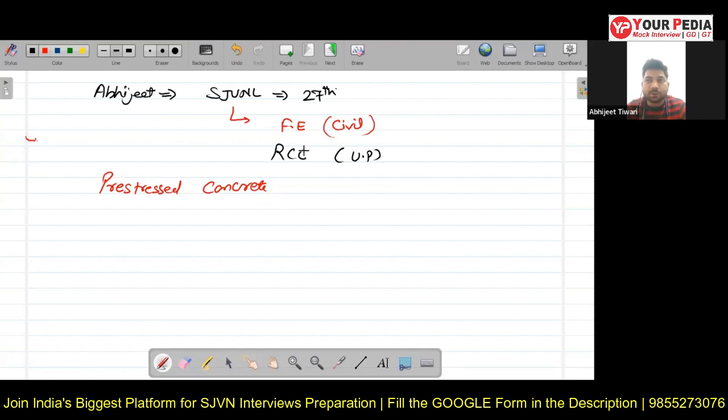In RCC, stresses develop after the application of load, that can be dead load or live load. But in pre-stressed concrete, as the name suggests, it has been already stressed during the construction phase only.